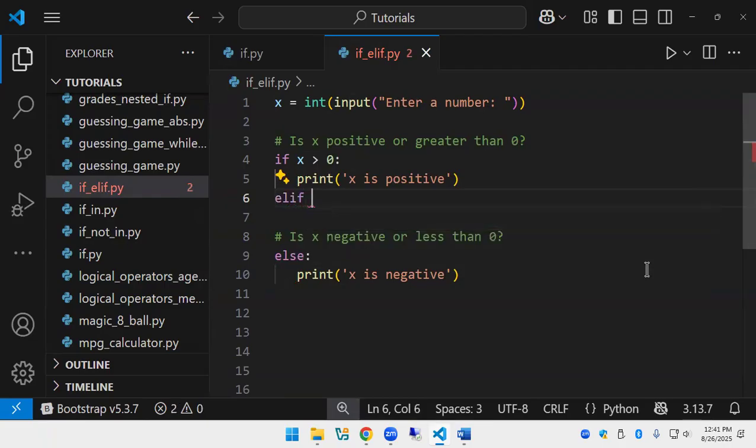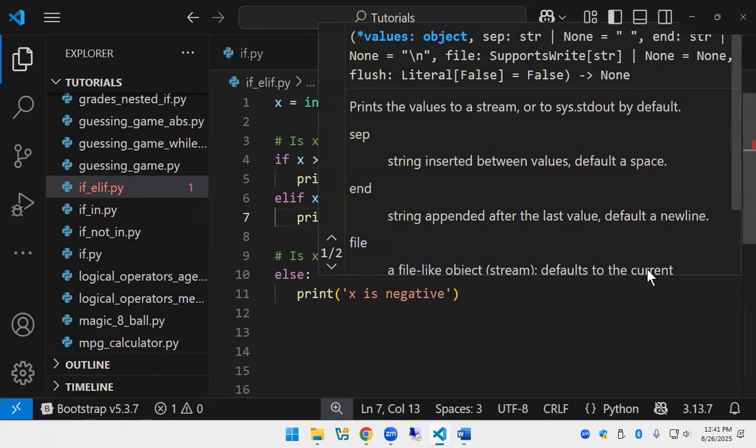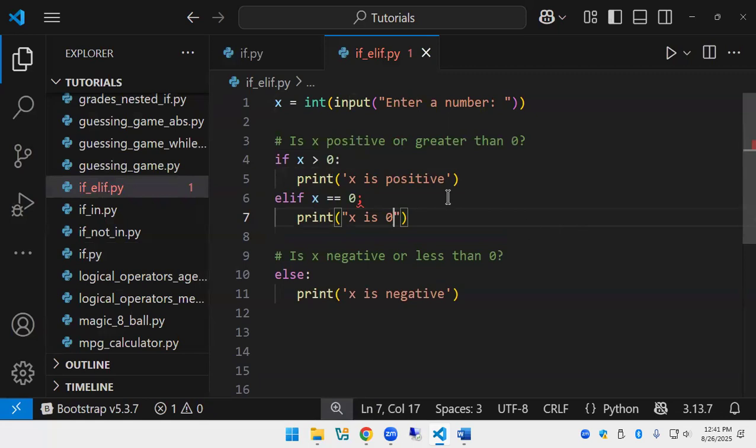Oops, LF. That's supposed to be else if. X is equal to 0. There.